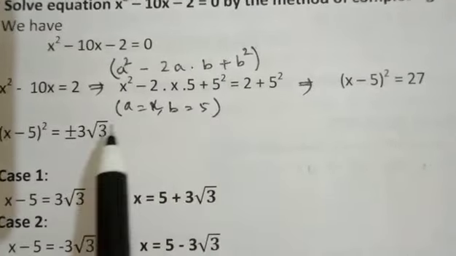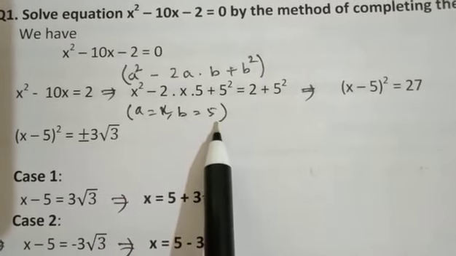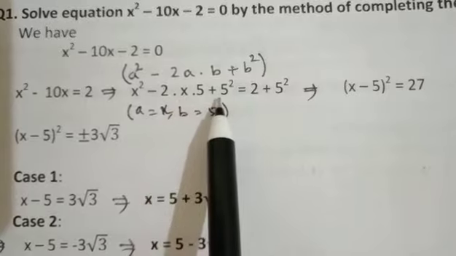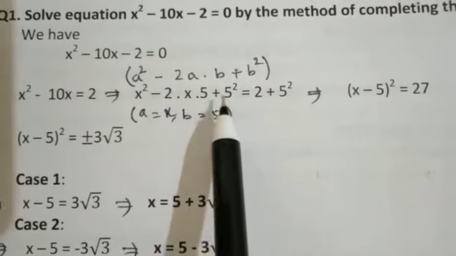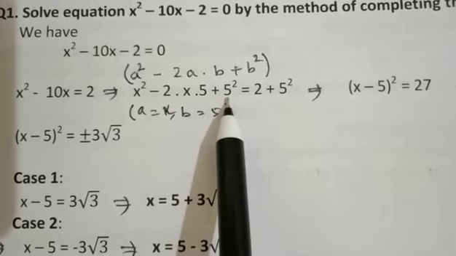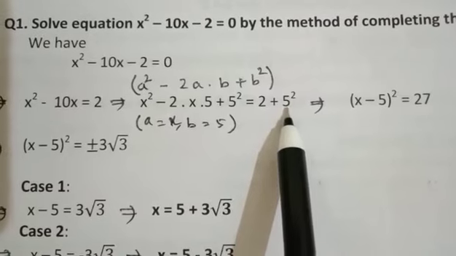So I have got a as x, b as 5, and then I have added 5 square, that is b square, in the left hand side as well as in the right hand side.